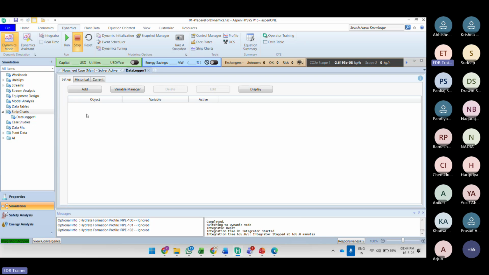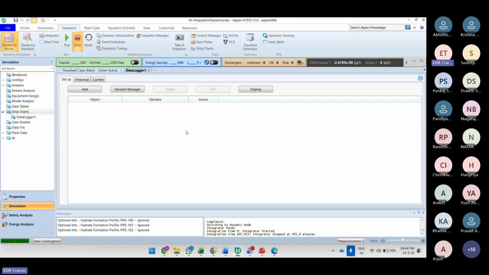The heat transfer area UA becomes a constant, and as you change the flow, the UA remains the same, but the other two streams get affected. So we know the characteristic of each equipment, and those become very important to be specified in dynamic simulation.